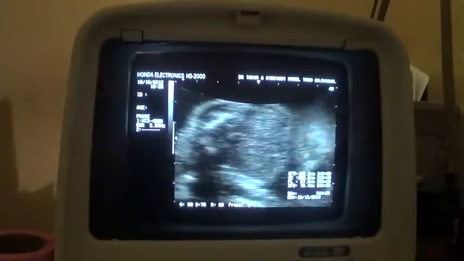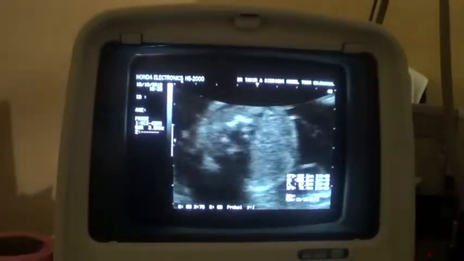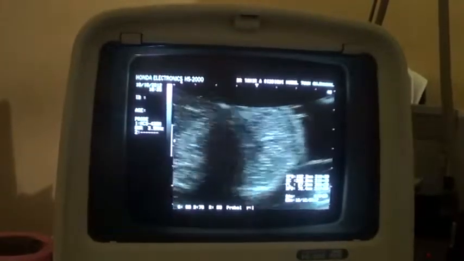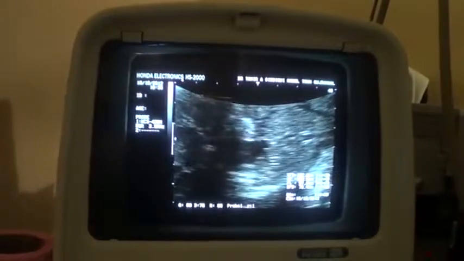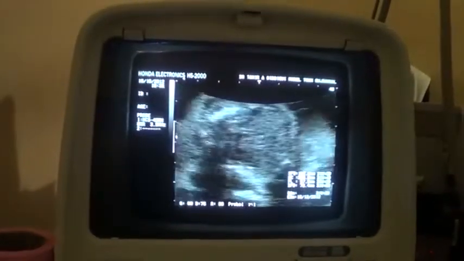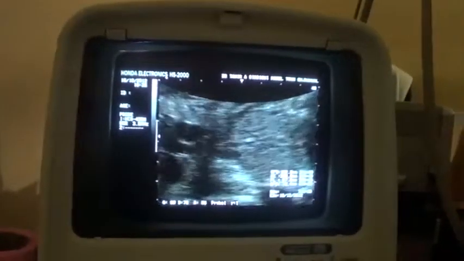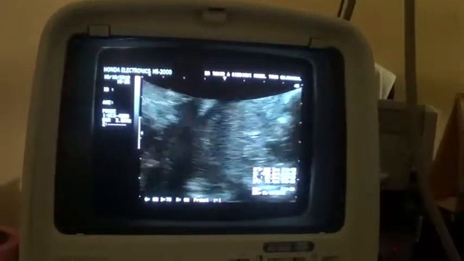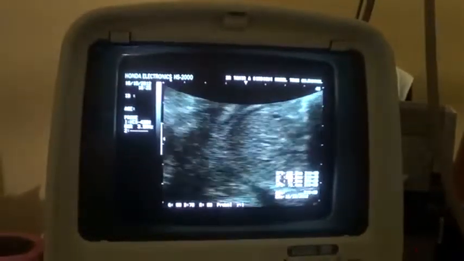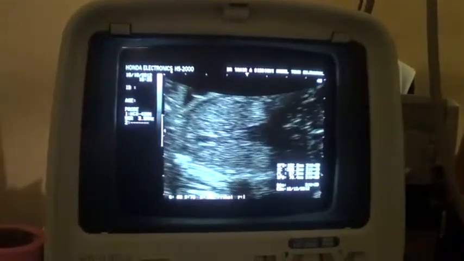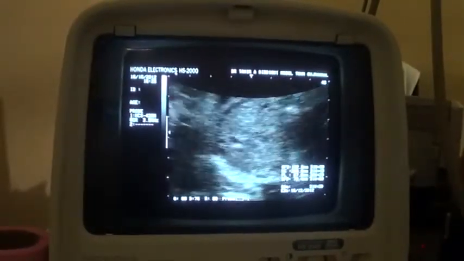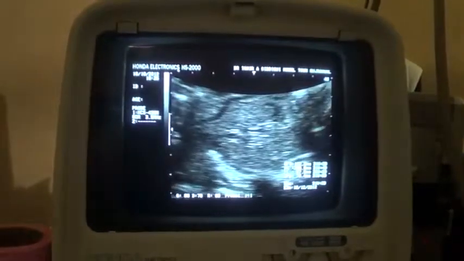I am giving a full sweep to the mass to see if it changes its shape or no, it remains the same. There we are. Difficult ultrasound scan to perform.